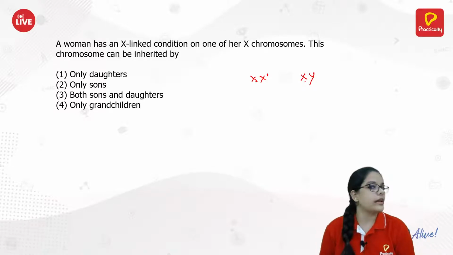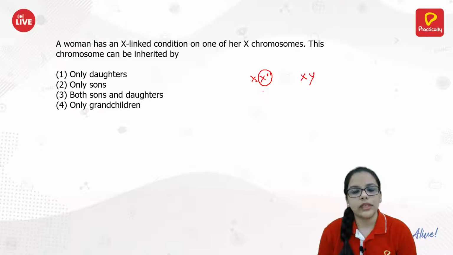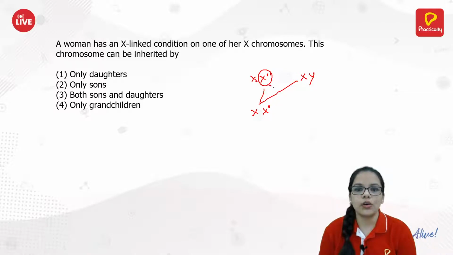Suppose the father has no other problems. So this defect can go either to the female child or it can go to the male child as well, isn't it? So this can be both sons and daughters.